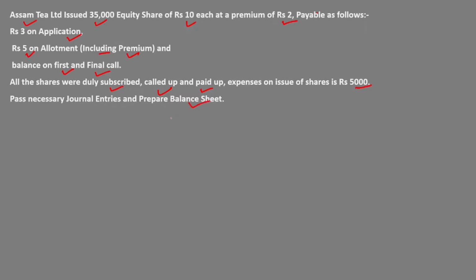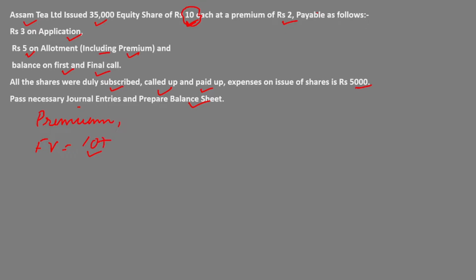Before making an entry for the journal, we have to understand the meaning of premium. When any shares are issued at a higher price than the face value, this rupees 10 is known as the face value. Now what will be the higher price?